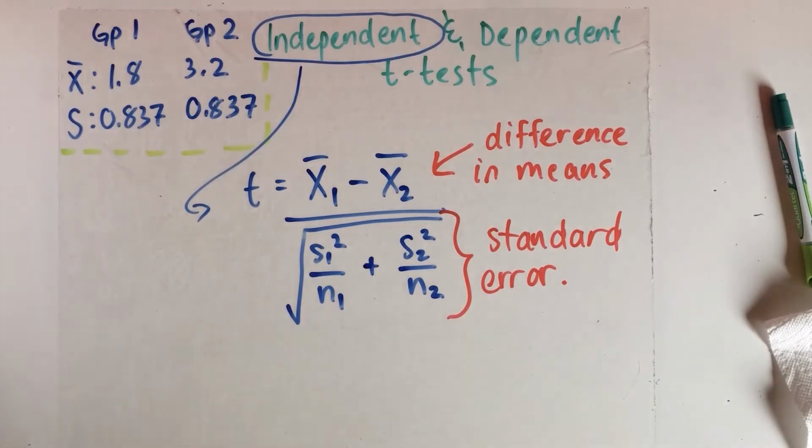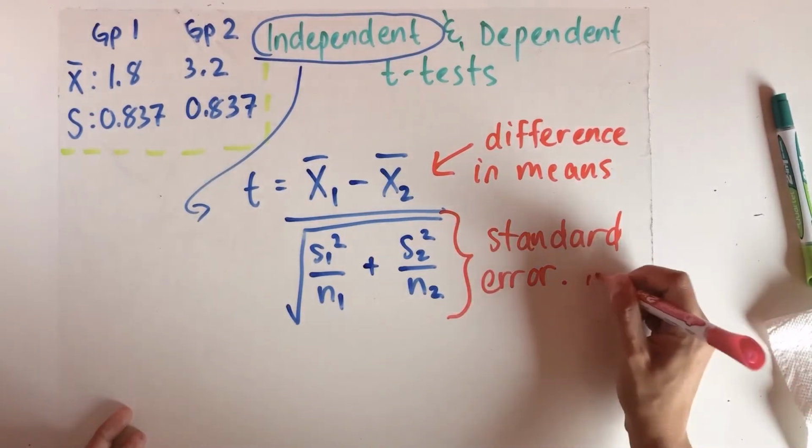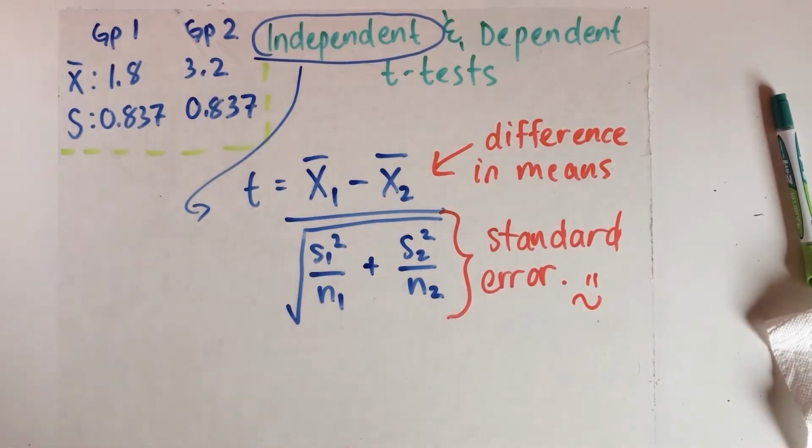That's just one of many ways to describe a standard error. It's a tricky concept, so we'll have to keep practicing describing what it is and looking at it in various ways in class and otherwise until it makes more sense.